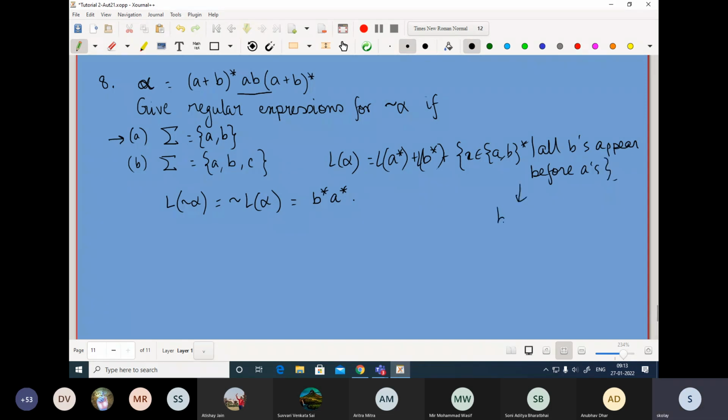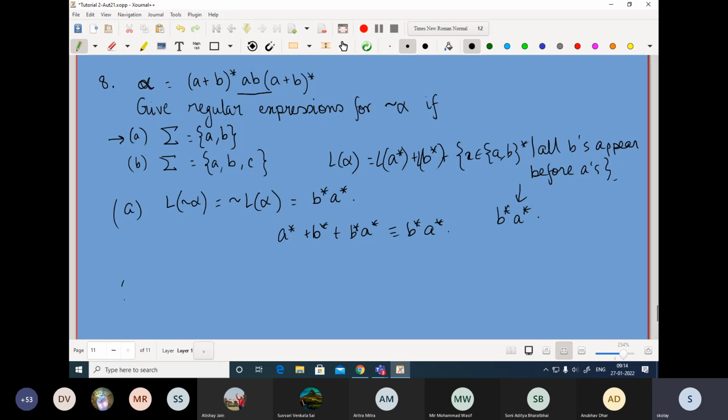This in particular is b star a star. Now I think it will be easy for you to prove that a star plus b star plus b star a star is equivalent to b star a star. Please try to show this.